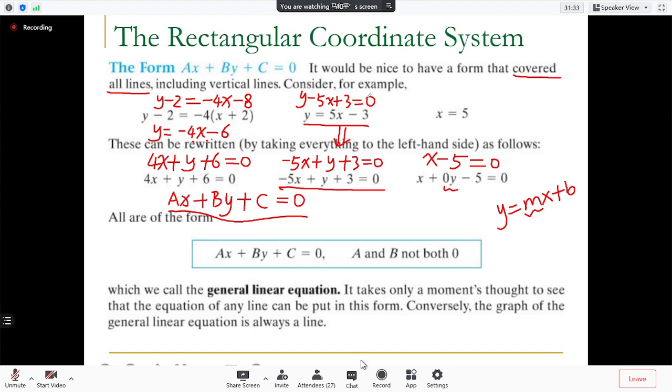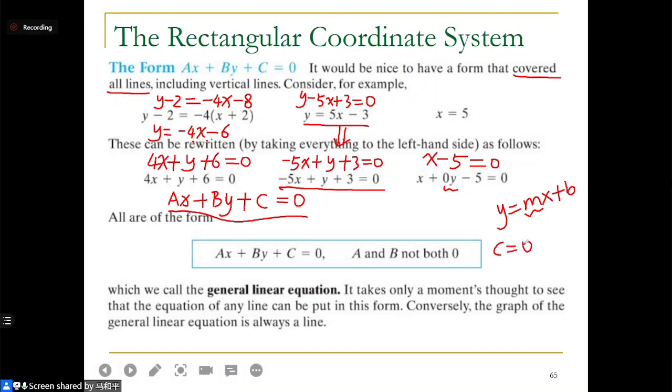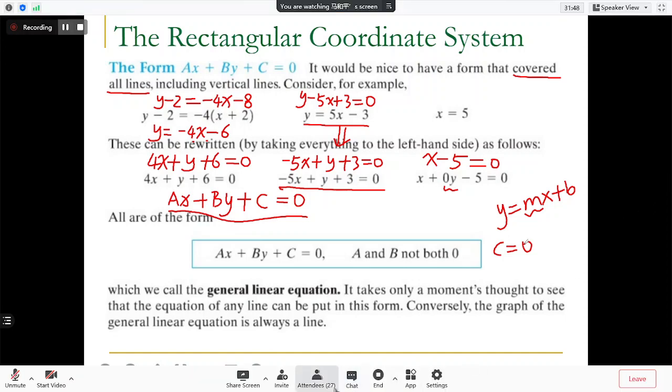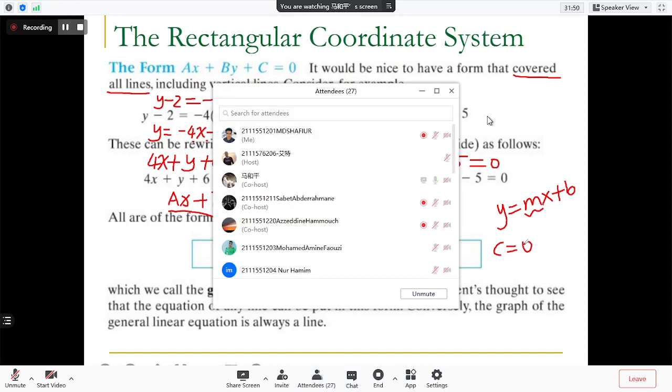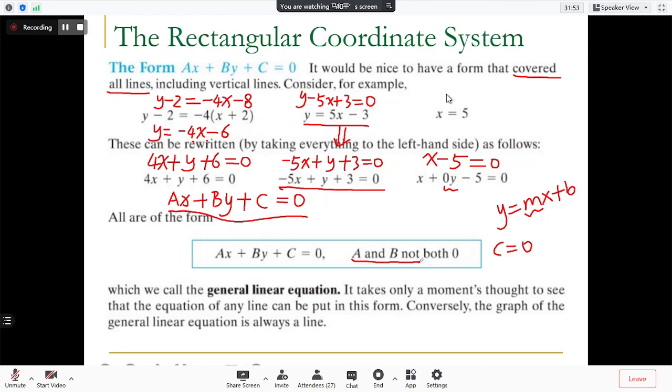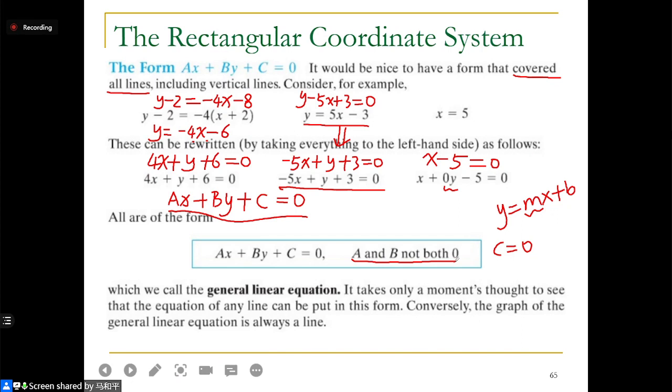Okay. Let's continue. Now, if a and b are both 0, we know c is 0. This is not a line, right? This is 0, a constant. Just 0. So it's not a line. So here, a and b are not both 0, and we call this the general linear equation. It takes only a moment's thought to say that the equation of any line can be put in this form.